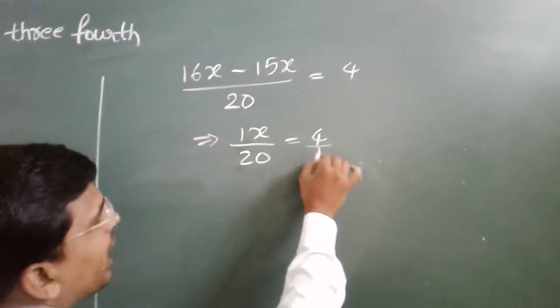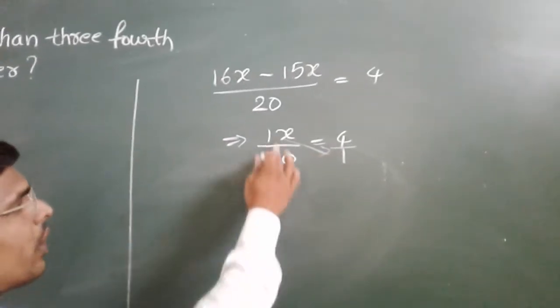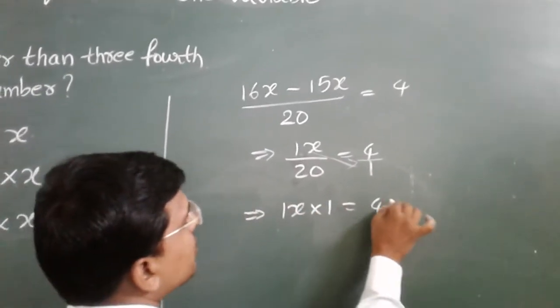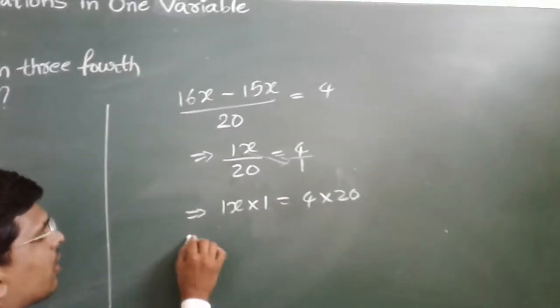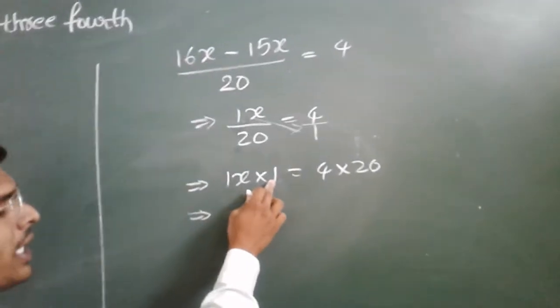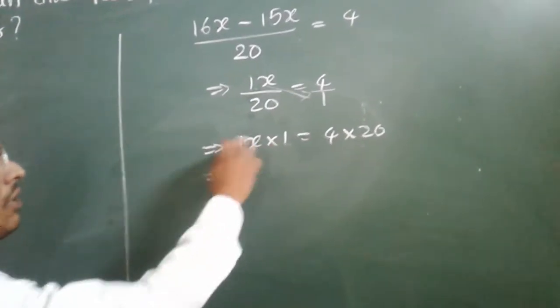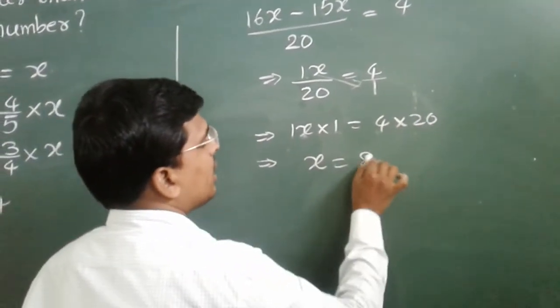If you write the 4 as 4 by 1, you can apply the crisscross method here: 1x into 1 is equal to 4 into 20. 1 is known as the multiplicative identity; if you multiply anything with 1, you get the same thing. So x is 4 into 20, 80.